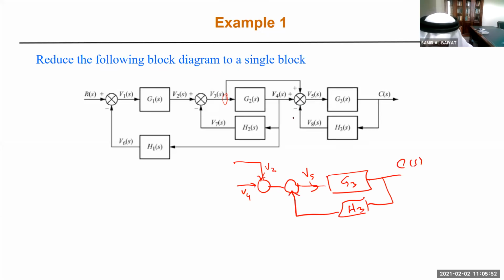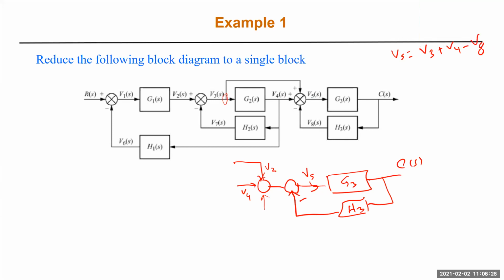So basically what I have done: for V5, how many signals do I have coming in? I have V4 plus V3, minus V8. V5 equals V3 plus V4 minus V8. Let me combine V3 and V4 together here, and then subtract V8. Do you agree? Did I do anything wrong?